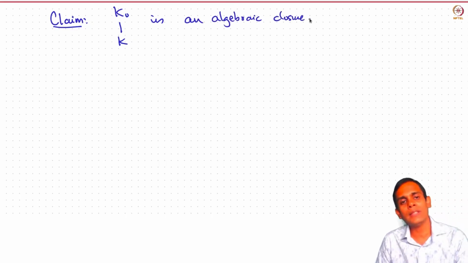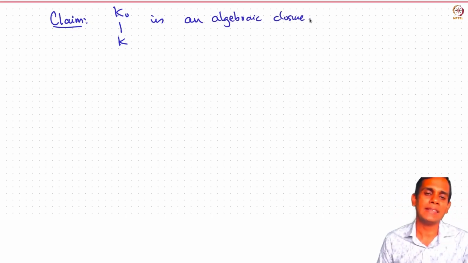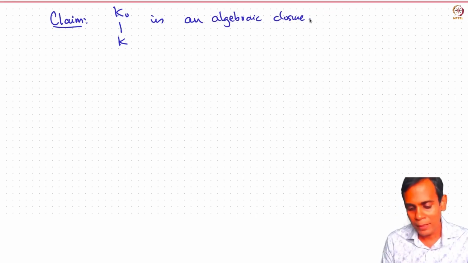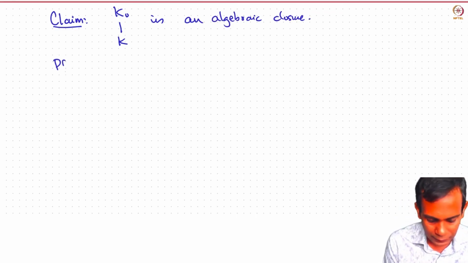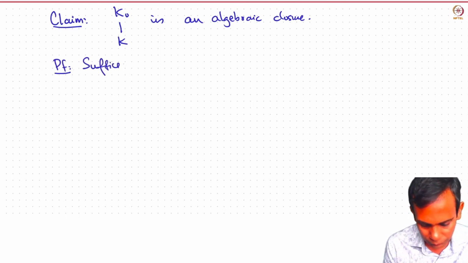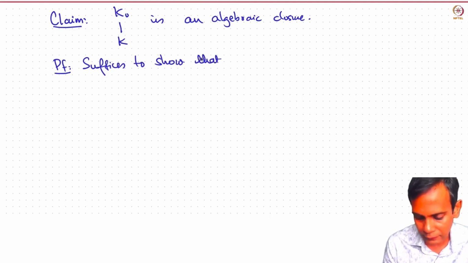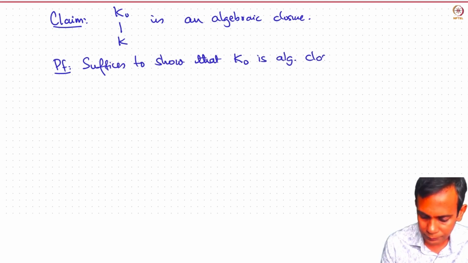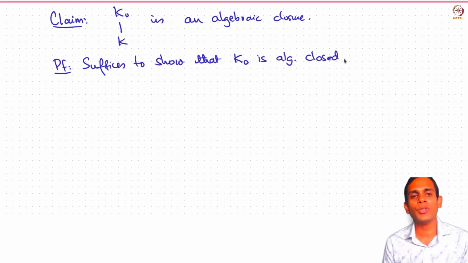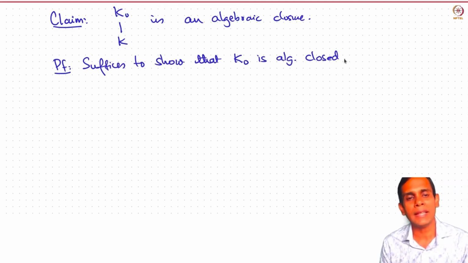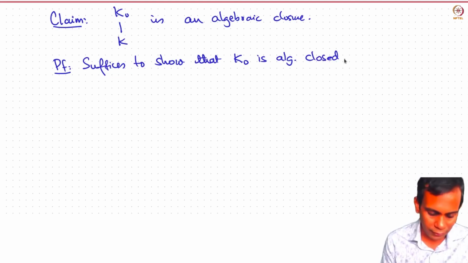Since K0 over K is in P, we know that K0 is algebraic over K. So all I need to show is K0 is algebraically closed. So what we need to show is that every polynomial in K0[t] factors into linear factors.